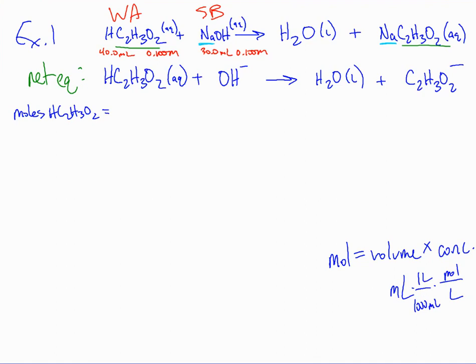So for the moles of this, I wouldn't say you really have to show your work on this part of the conversion, as long as you can do this right. So 40 milliliters is 0.04 liters. Move the decimal place left 3 places.